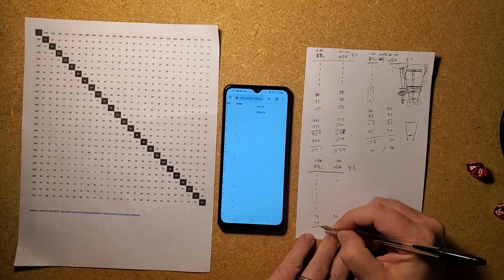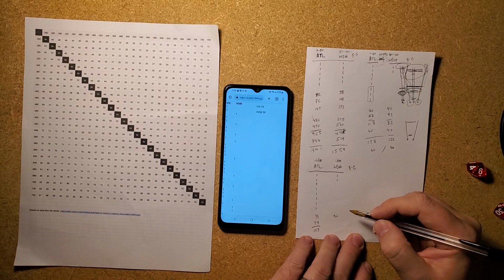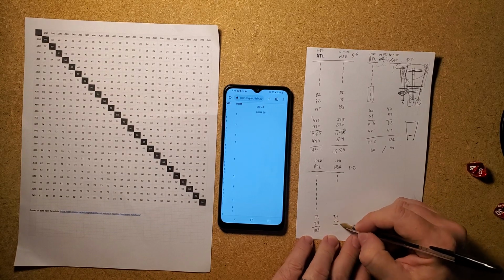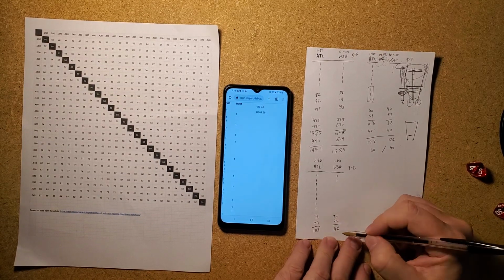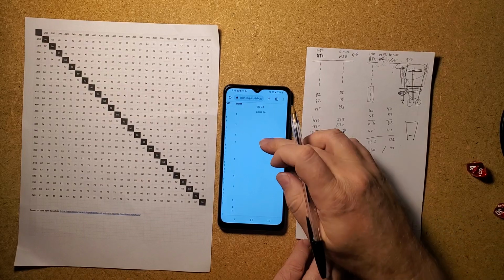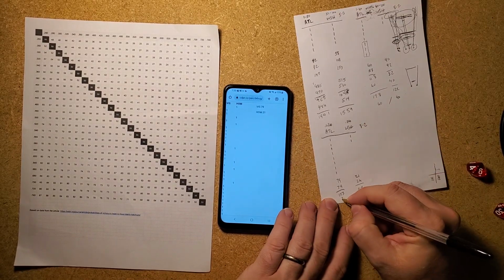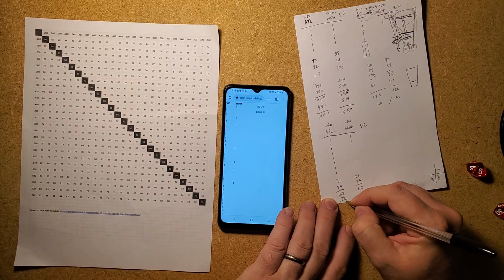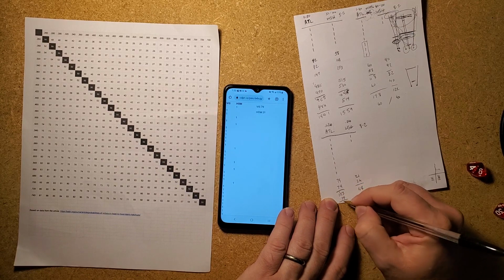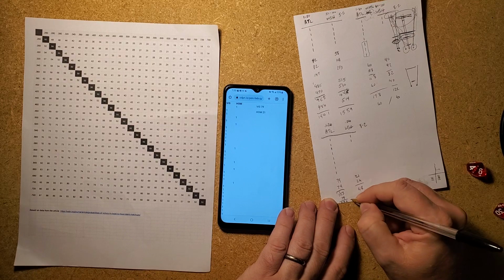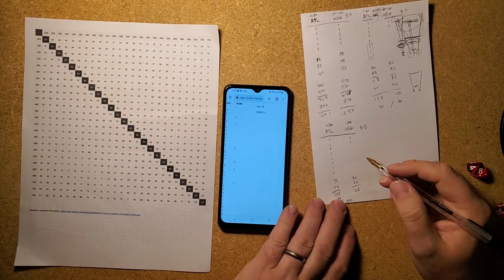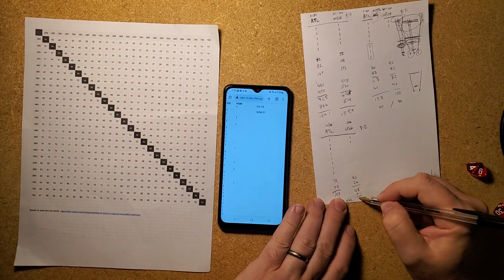So 74, so that's 153 to 26, which is 48. So 153 to 48 and 79 and 21 again. So that's going to be 12, 12, 13. So 232 to 21, which would be 69.